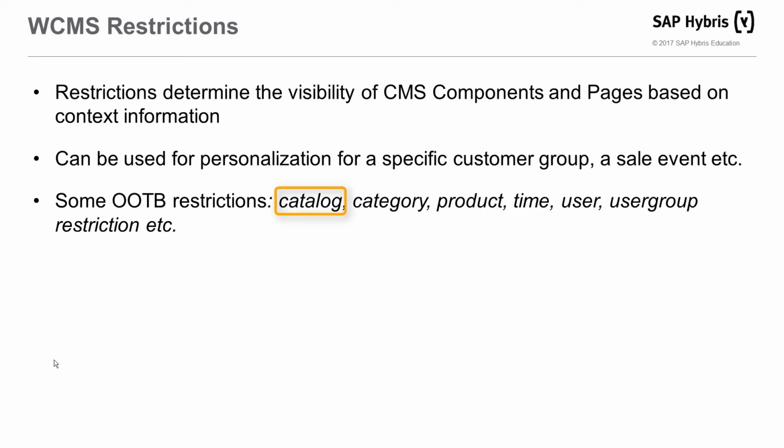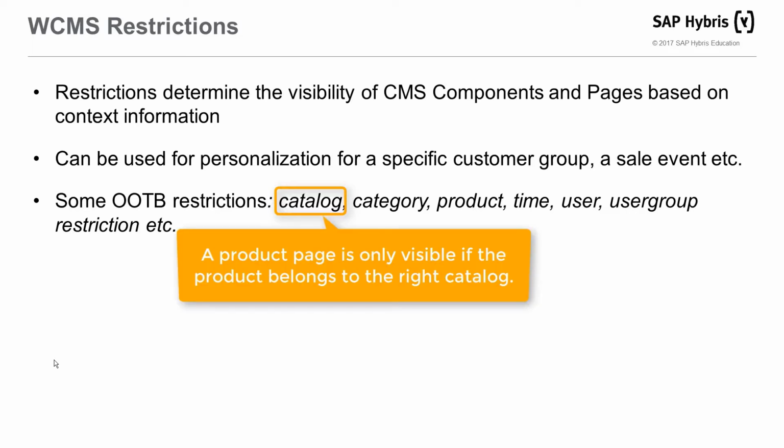A catalog restriction can limit a certain component or page to be visible only within certain catalogs. For example, a product page with a catalog restriction is visible on the front end only if the product displayed belongs to at least one of the catalogs specified in the restriction.